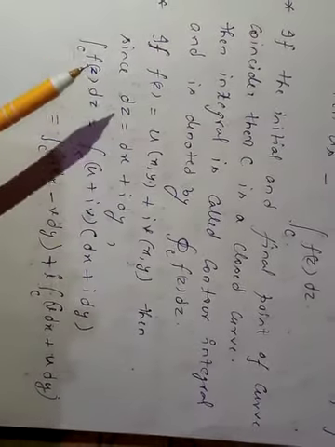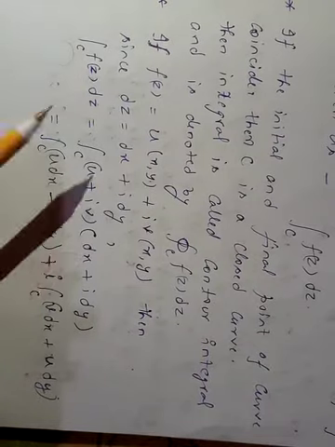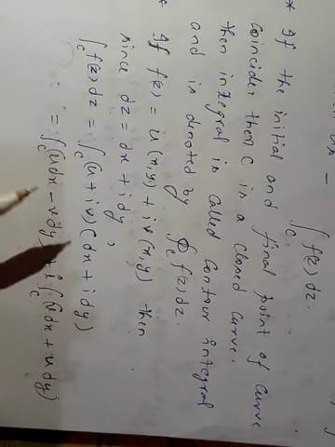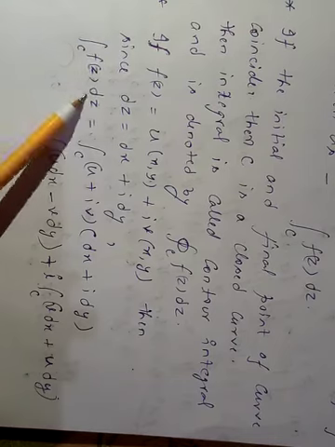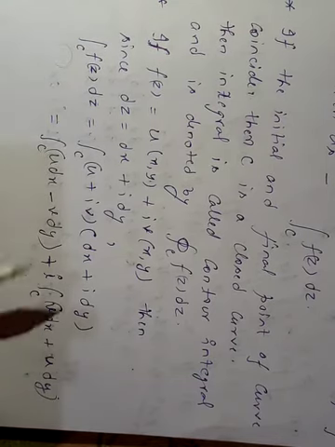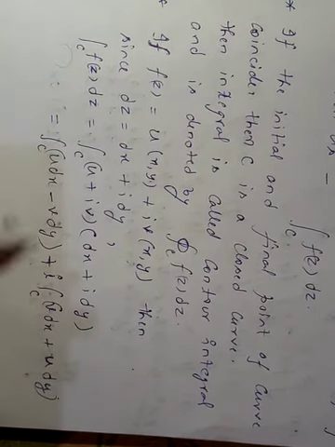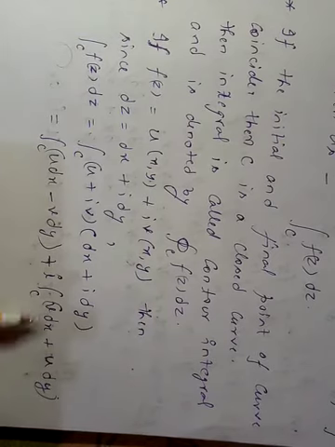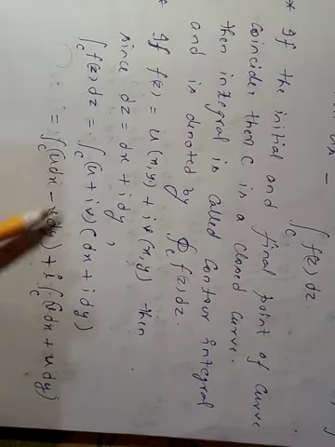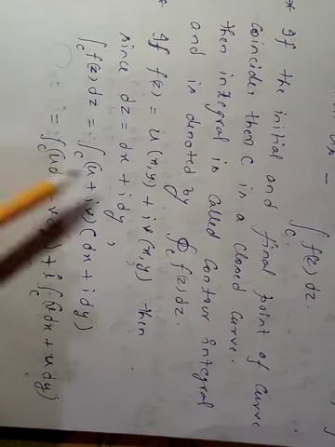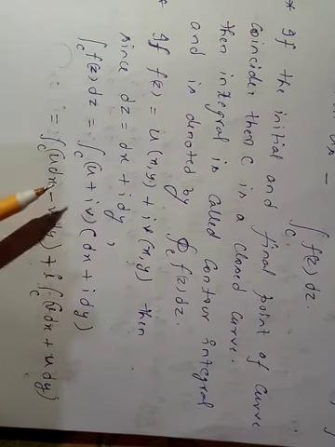So you can see that the integration of a complex valued function can be obtained by evaluating two line integrals of real functions. u and v are functions of real variables x and y.